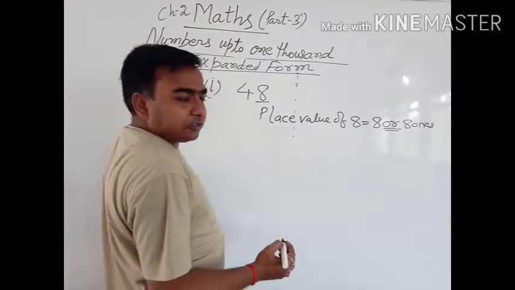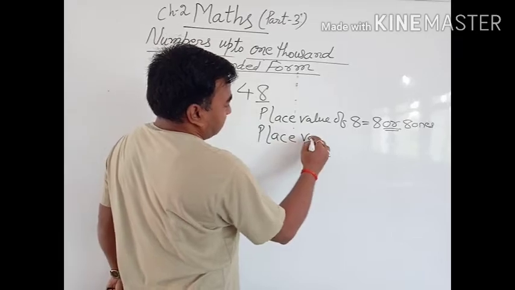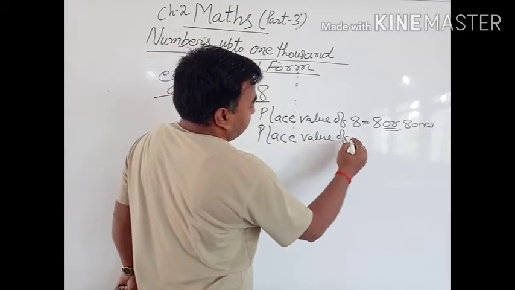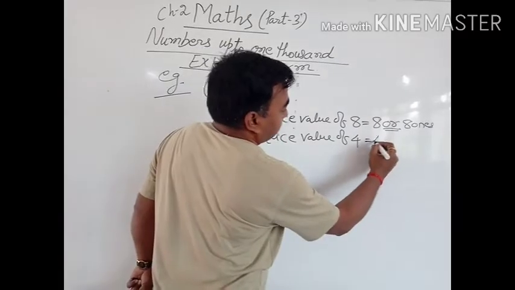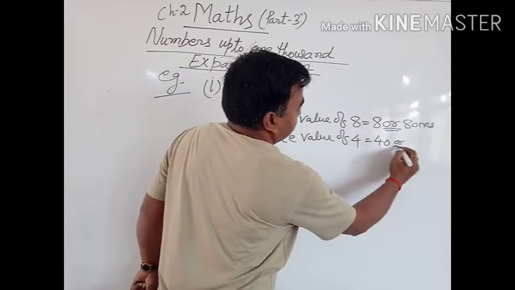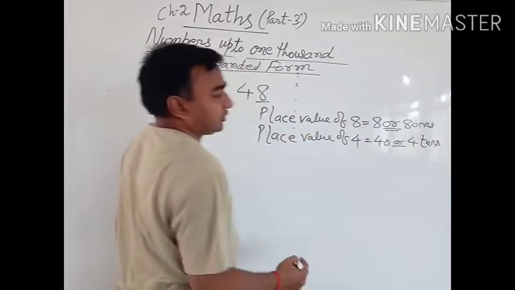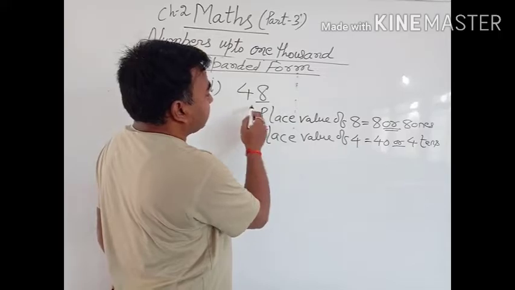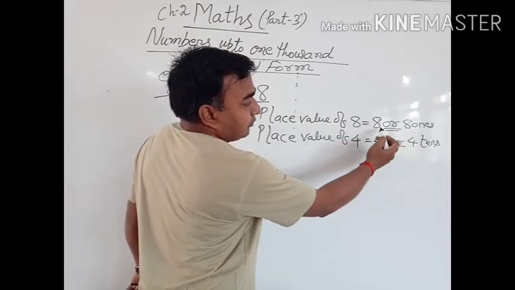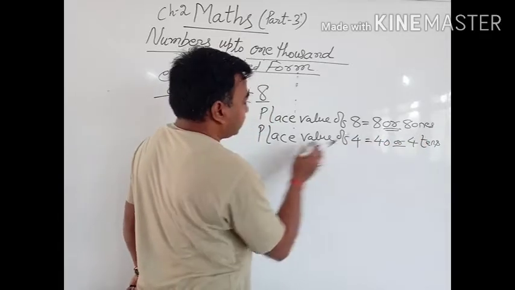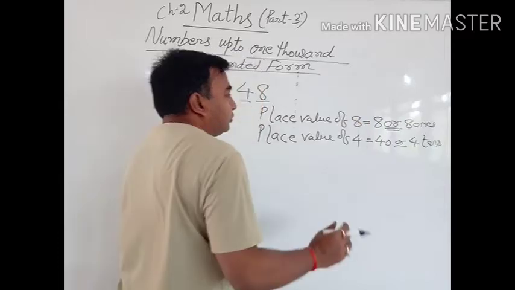Now second thing, place value of 4 is 40 or 4 tens. So this is the place value of 8 and this is the place value of 4. Place value of 8 is 8 or 8 ones, and place value of 4 is 40 or 4 tens we can write.